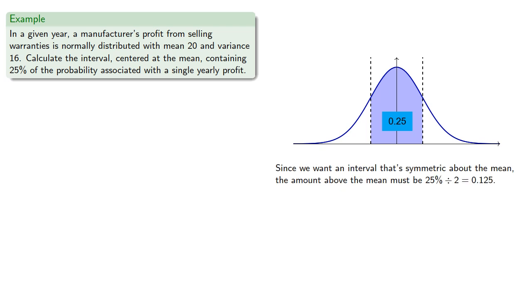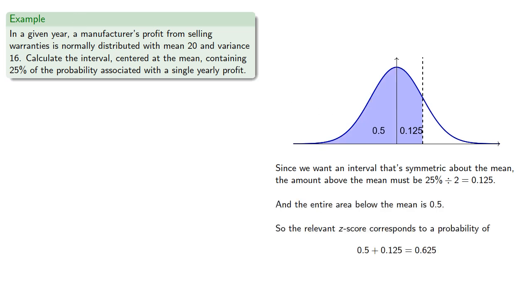Since we want an interval that's symmetric about the mean, the amount above the mean must be half, and the entire area below the mean is 0.5, so the relevant z-score corresponds to a probability of 0.625, and from the table we find that that's close to 0.32.